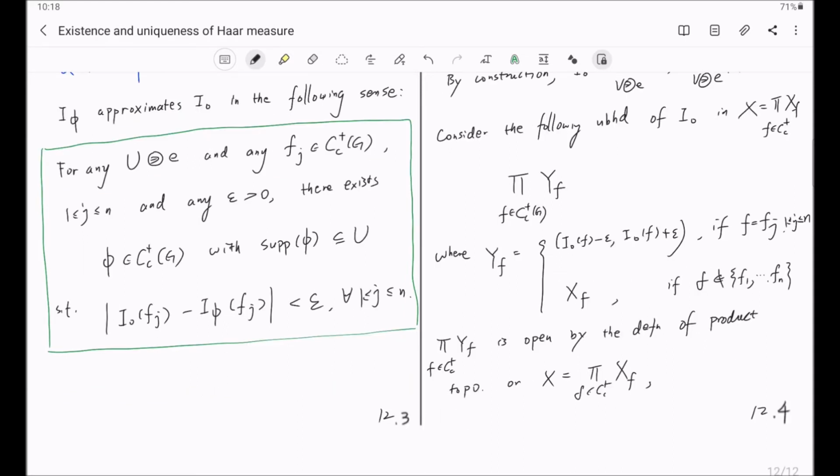And clearly, the set contains I naught. This should be easy for you to see. But don't forget, I naught lives in the intersection of all those KVs.